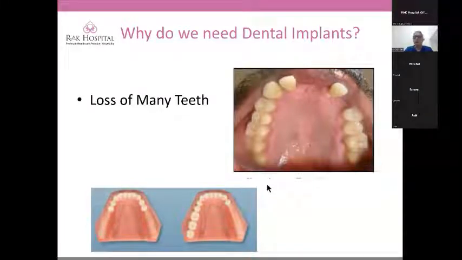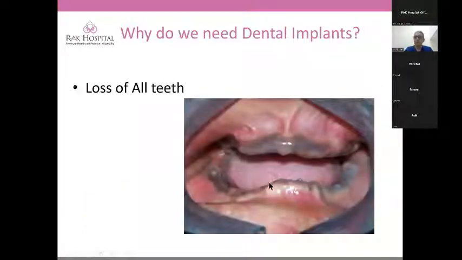And then the next level is where the patient has lost all the teeth, a completely edentulous situation, which is generally seen in elderly patients or in younger patients with very advanced gum disease, in which most of the teeth have been affected so badly that they have to be removed. So these are the three common situations where we need dental implants: from one tooth, to many teeth, to all teeth.